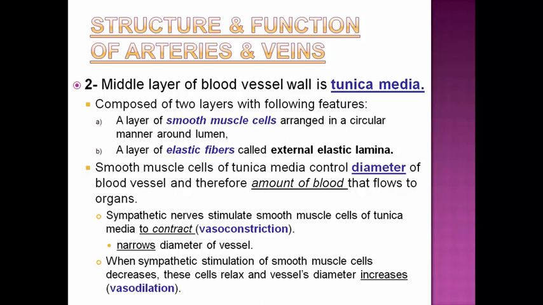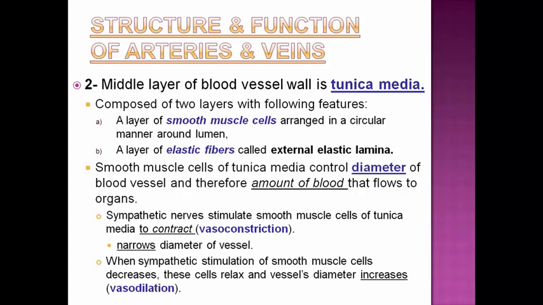We also have elastic fibers in this area that allow the layer to be elastic. The smooth muscles are responsible for controlling the diameter of the blood vessel within the tunica media. Therefore, the amount of blood able to perfuse into the organs themselves is controlled by these smooth muscles. Smooth muscles are under sympathetic nervous control.